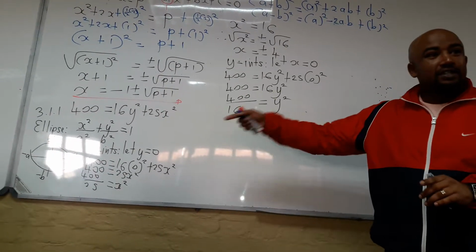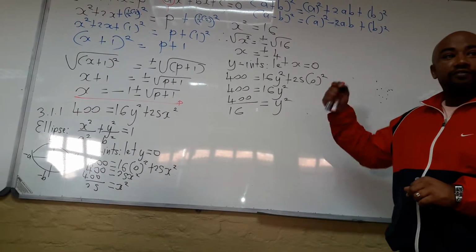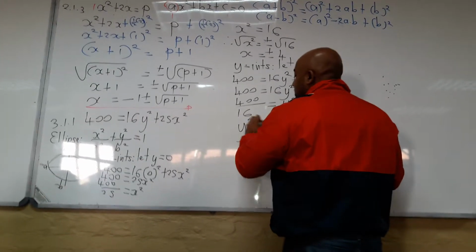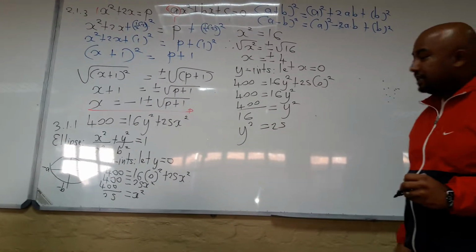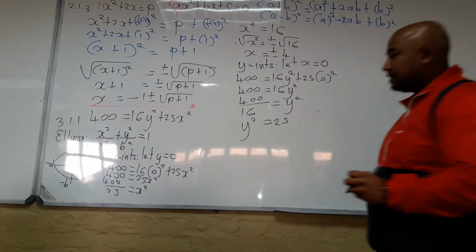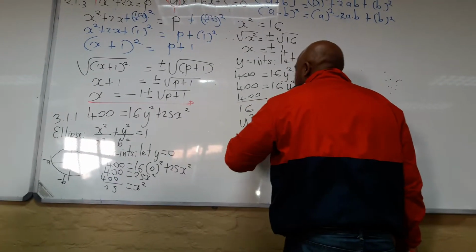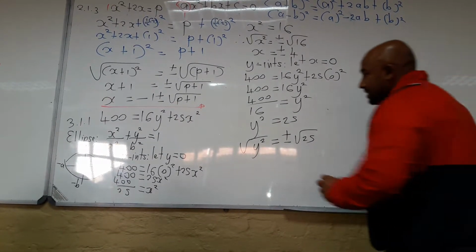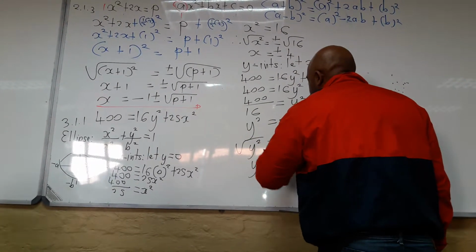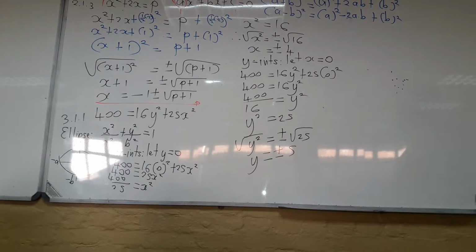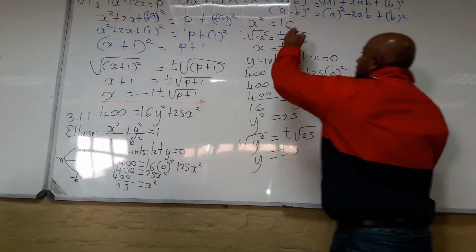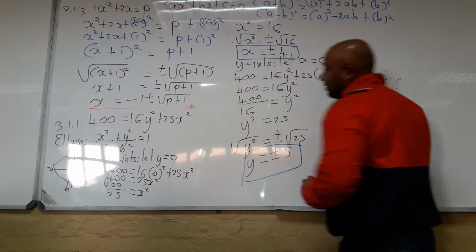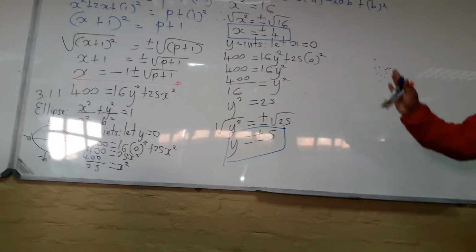You'll remember that from 400 divided by 25 is 16, so therefore 400 divided by 16 will be 25. Alright, so y squared is equal to 25. We need to work out the values of y. So the square root of y squared is equal to plus or minus the square root of 25. So therefore y is equal to plus or minus 5. Okay. So there's our x-intercepts. Here is the y-intercepts. Right, so that is one way of doing it.